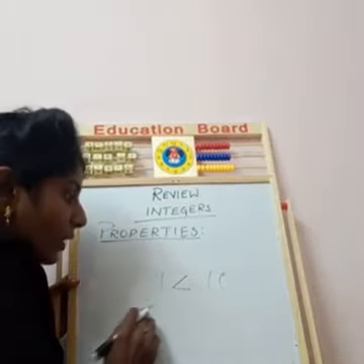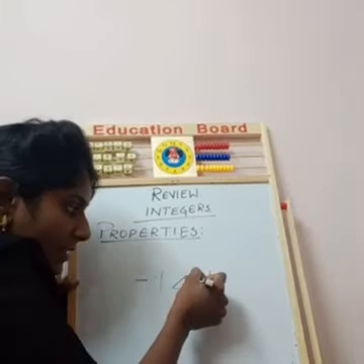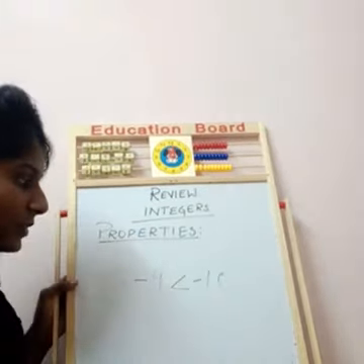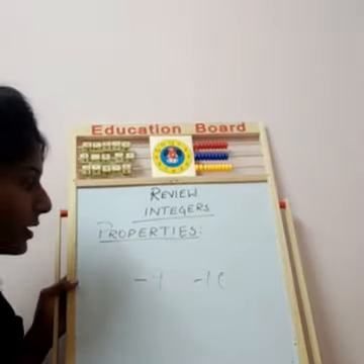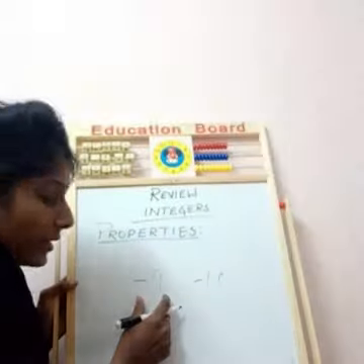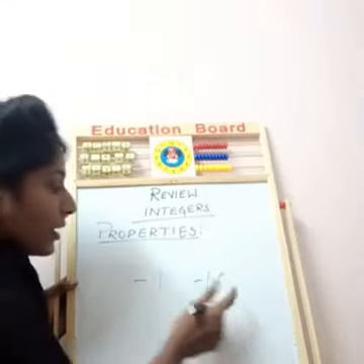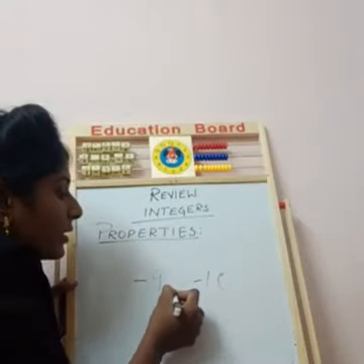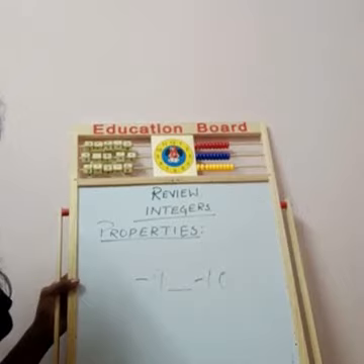Now, if I write this as minus 9 and this as minus 10, what will the symbol be? I'm comparing a negative number with another negative number.